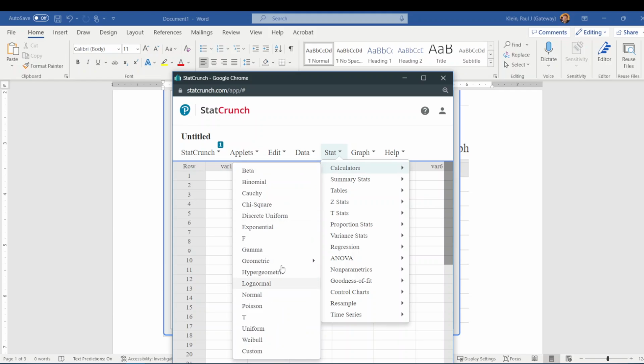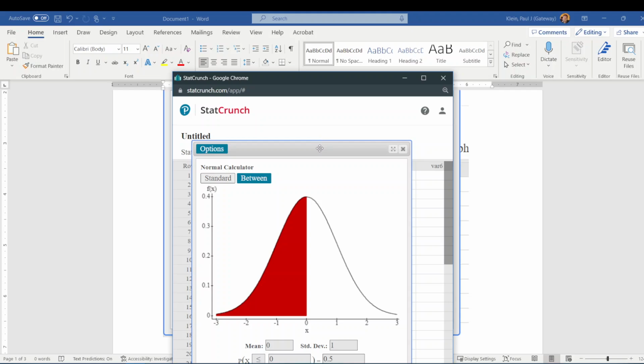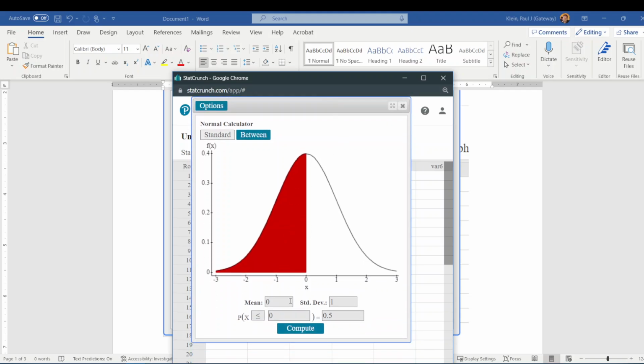That's what you're going to do. Stat, Calculators, Normal. All right? And you're going to get this little tool here. And look, there are 5 boxes. If you know how to use this little tool, you're going to ace this.